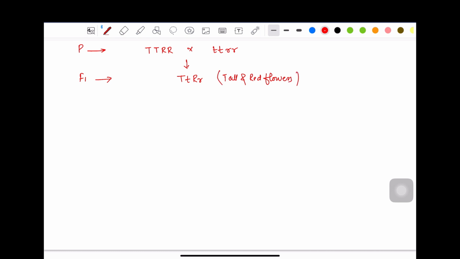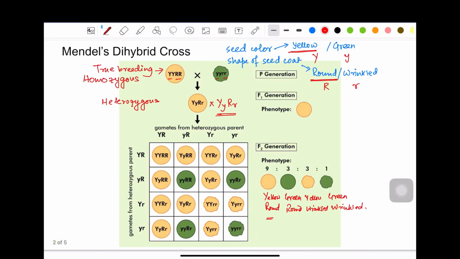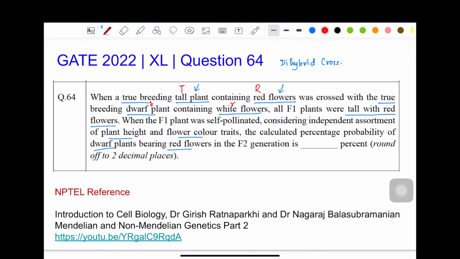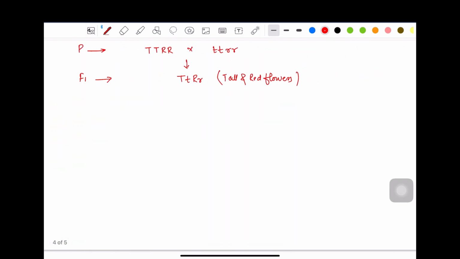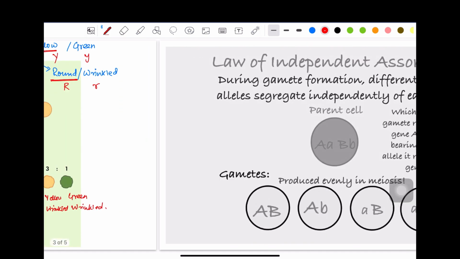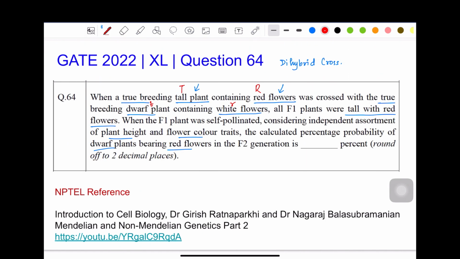Now, the next part is that these F1 plants were self-pollinated or self-crossed. So what will happen in the F2 generation? If we consider the phenotypes, what will be the different types of phenotypes generated in the F2 generation?